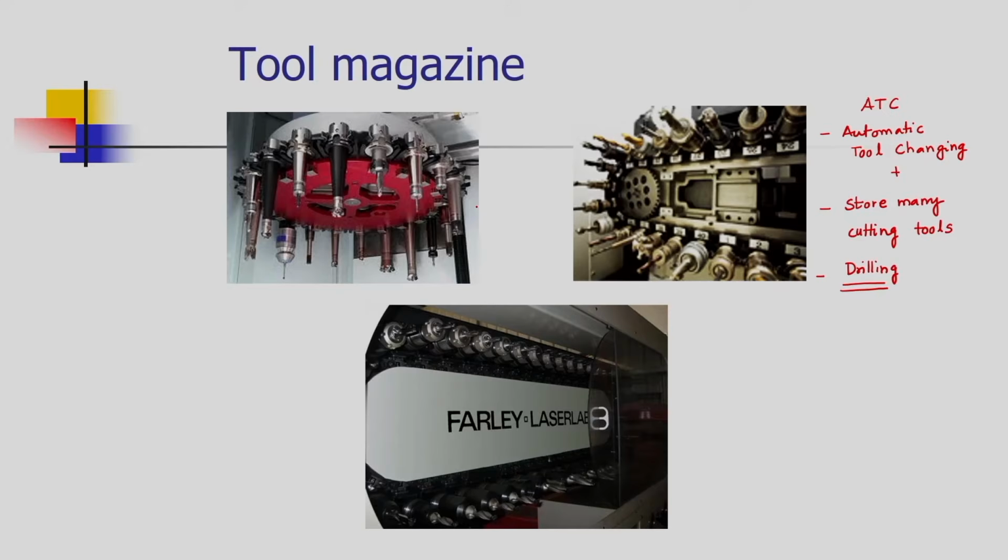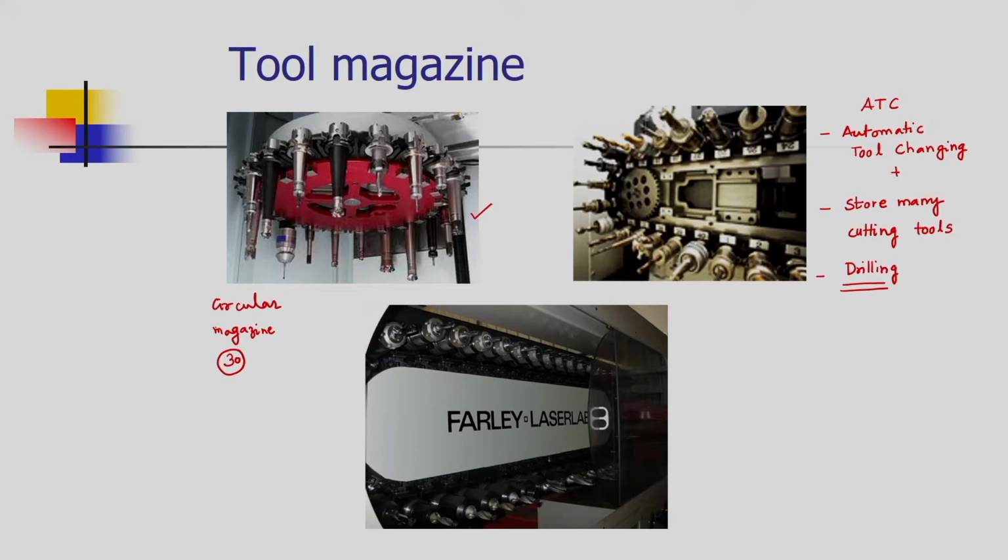Some of the storage devices are seen on your screen. This storage device is the umbrella type storage device. This is a circular magazine, and these circular magazines can hold up to 30 tools.